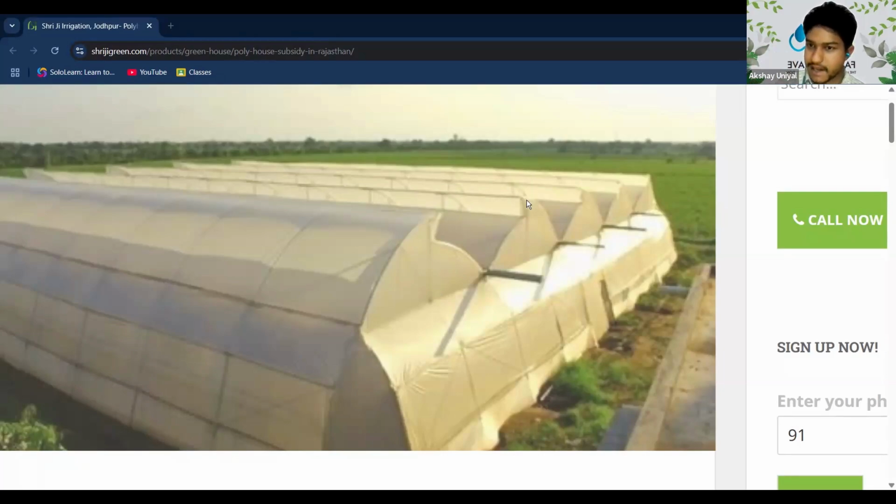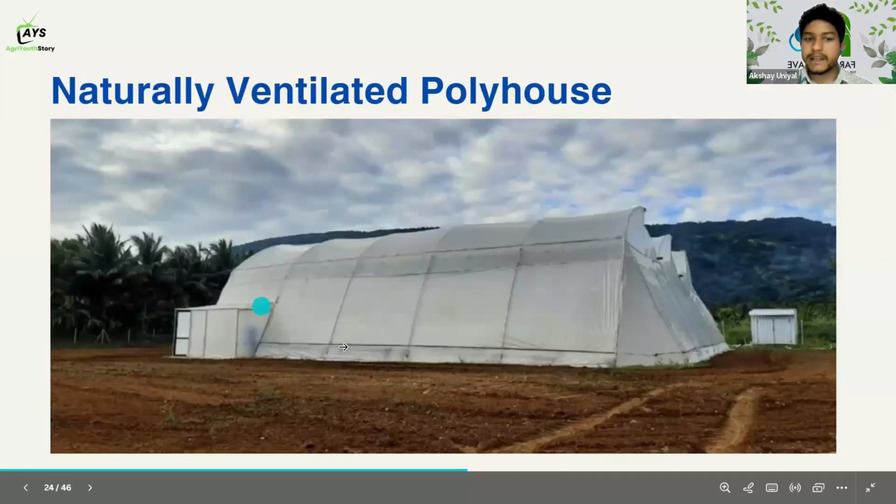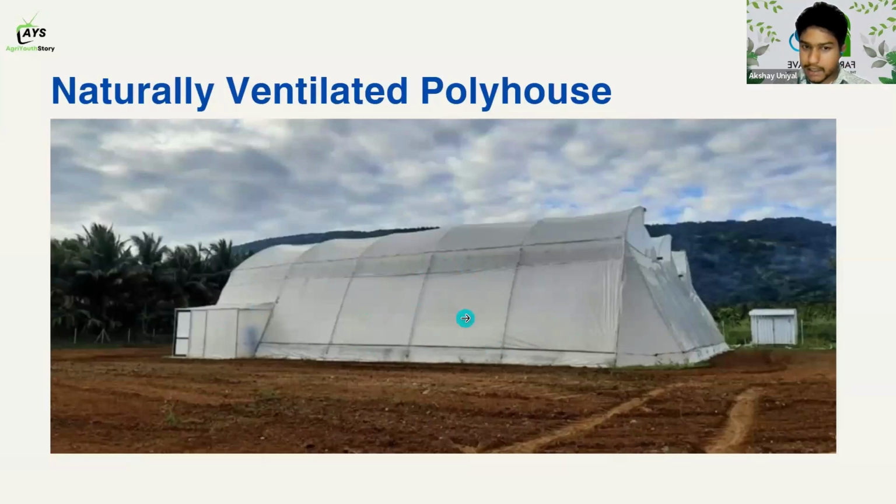The hot air always rises up and gets out of these ventilation ducts, and the cold air will run in from the sides of these polyhouses. Now, let me jump back to this. This is what a side of the polyhouse looks like. This white area that you see, these are rollable curtains.